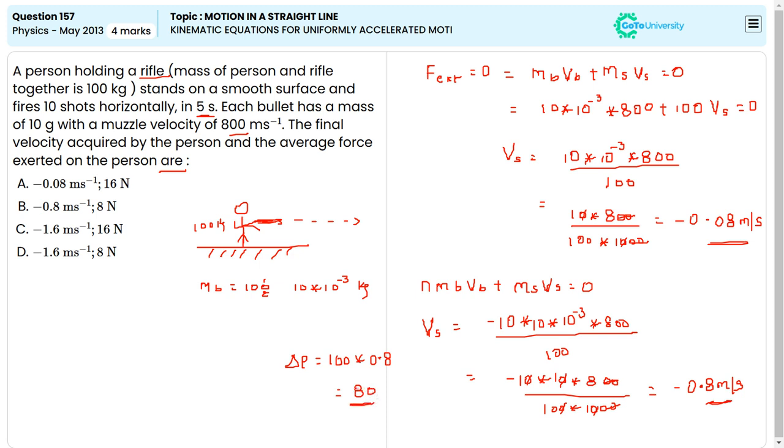The average force, F average, is equal to delta P divided by delta T, that is equal to 80 divided by 5. We get the answer 16 Newton. Then we got the answer minus 0.8. Then we can say option A is our right answer.